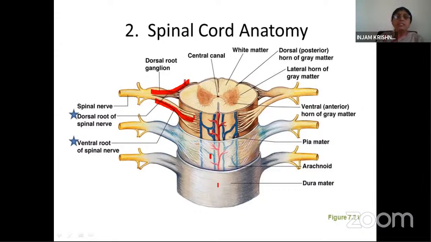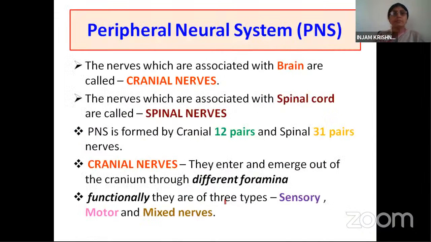This side is the dorsal side and the ventral side. Both the nerves together form the spinal nerve. These are the spinal nerves. How many spinal nerves do we have? 31 pairs of spinal nerves. Later we will discuss. Now we are discussing the spinal cord.